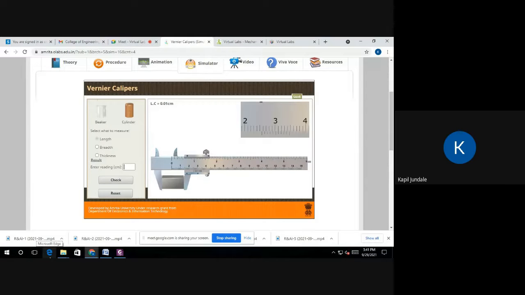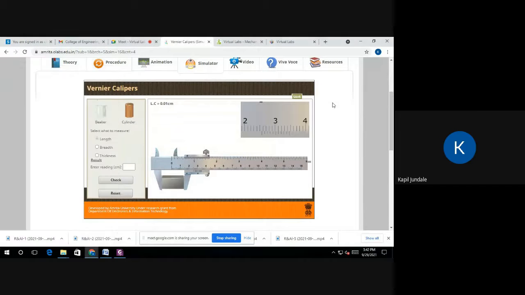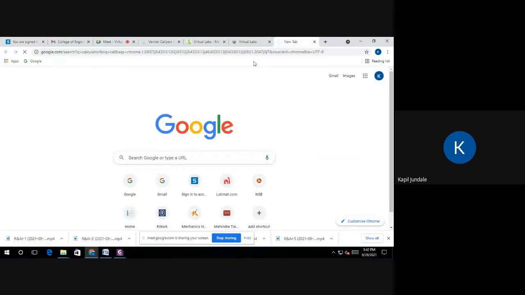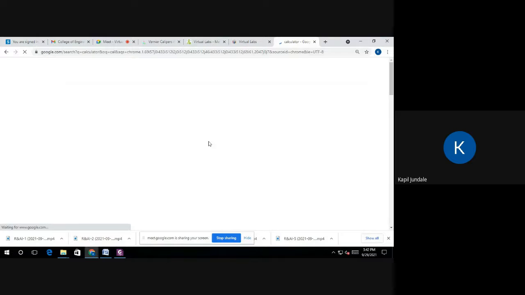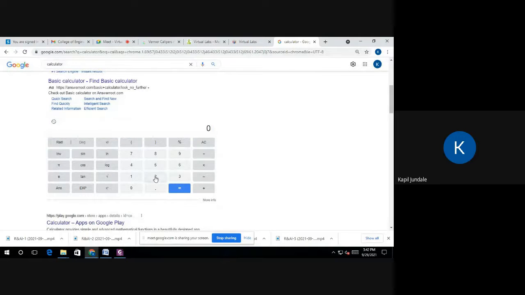Anyone, just calculate. I will open the calculator, can anyone calculate and tell me? Now check, main scale is 2.5 plus, in brackets you can write seventh division into least count, which is 0.01.